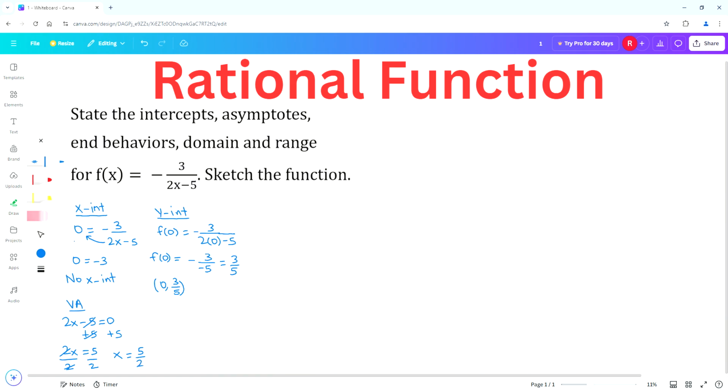I get x equals 5 over 2. This is the vertical asymptote in this rational function.